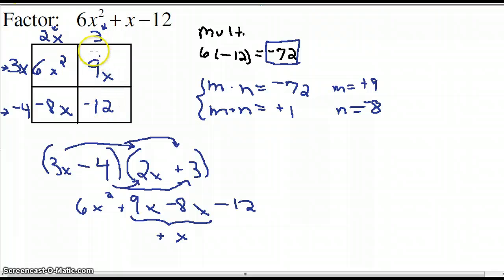Break apart your squares so the leading term goes in the upper left corner, the constant term goes in the lower right corner, and then what goes in the other boxes would be the result of figuring out the two numbers that multiply to give you that product and that add together to give you the coefficient on x. But when you put those in, don't just put them in as numbers, you put them in as x's, and then you factor out each column and each row. It takes away the guesswork of trying all the different combinations, which could take up much time. Okay.